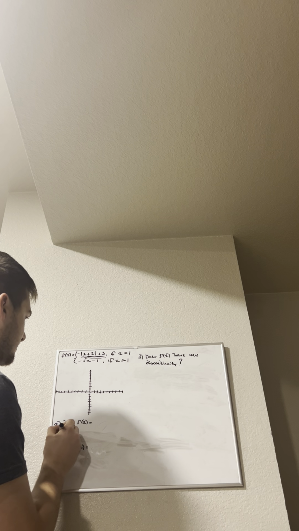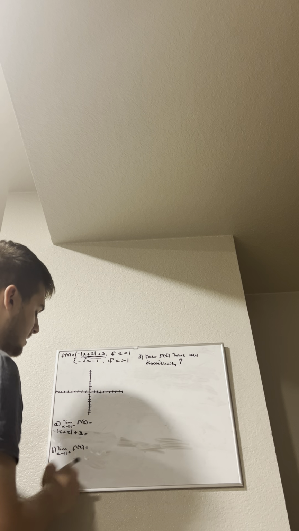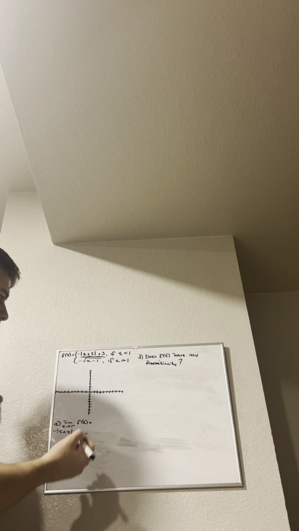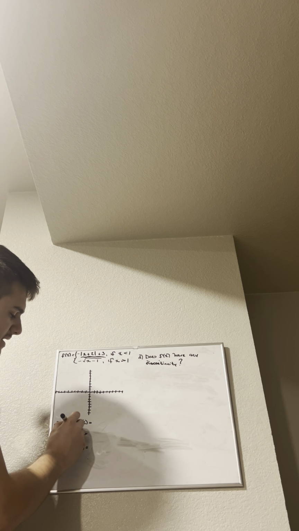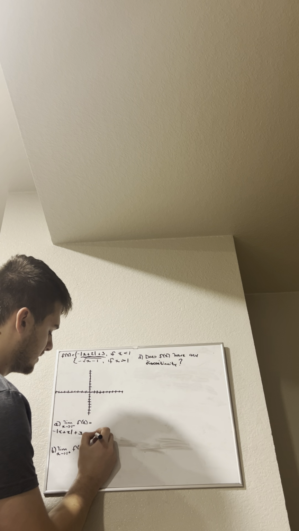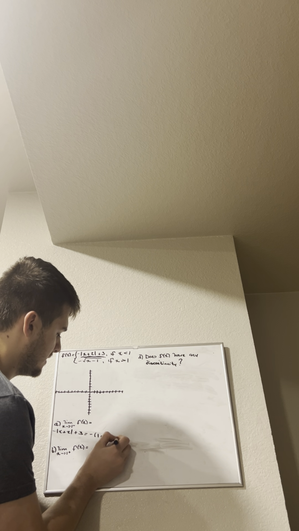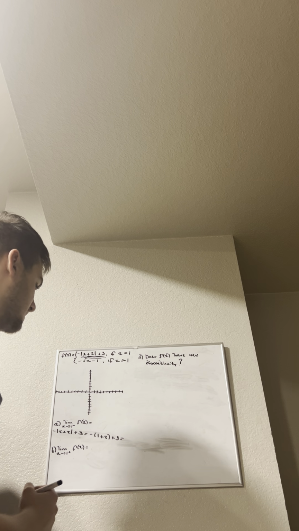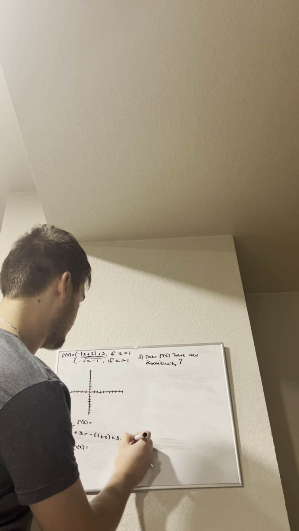So we do negative absolute value of x plus 2 plus 3 equals, just take the 1 from the limit and plug it into the function. So we'd have negative 1 plus 2 plus 3, which just gives you negative 3 plus 3, which is just 0 in that case.